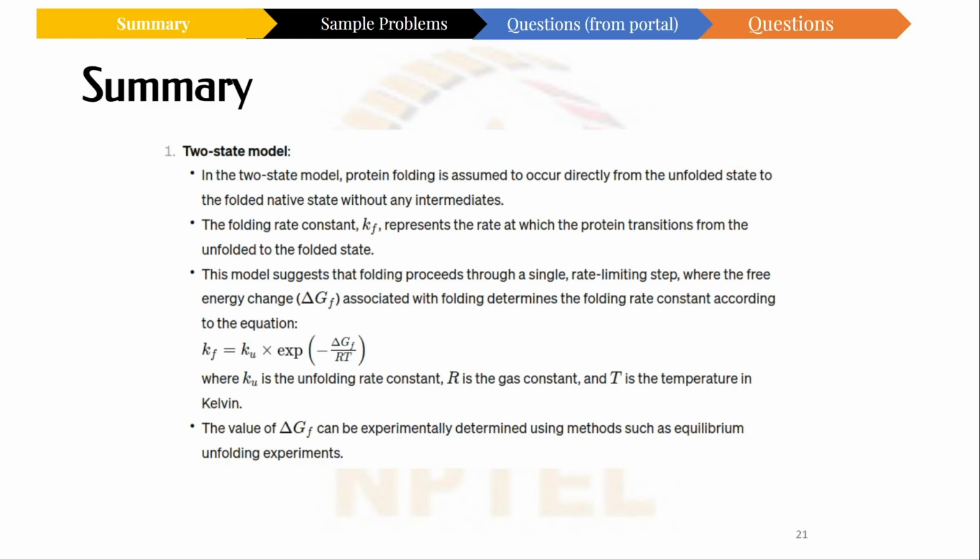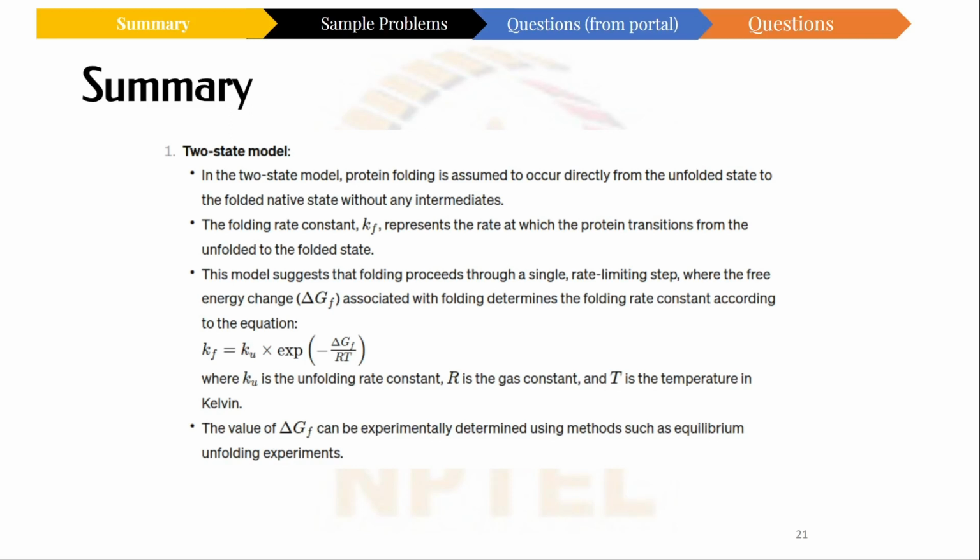In the two-state model, protein folding is assumed to occur directly from the unfolded state to the folded state without any intermediates. Here the folding rate constant Kf represents the rate at which the protein transitions from the unfolded to the folded state. This model suggests that folding proceeds through a single rate limiting step. There are many experimental ways to measure delta G values.